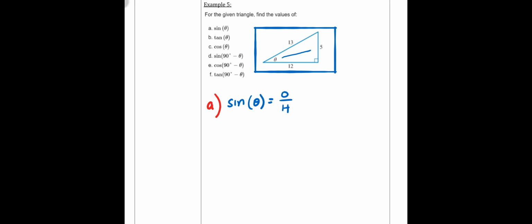So it's going to be that opposite side, 5, divided by the hypotenuse, 13. So sine theta equals 5 over 13. Remember here that we're not asked to find theta, we're asked to find sine theta. So the answer simply is 5 over 13.